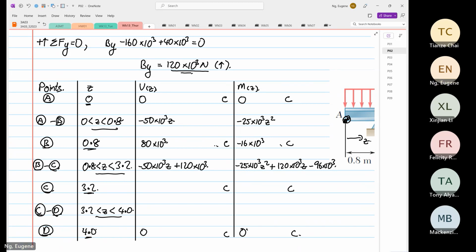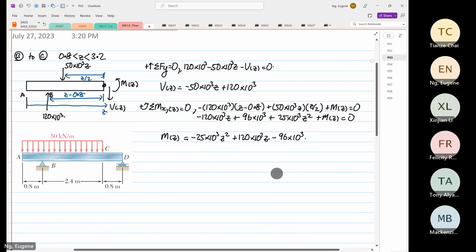Now I'm going to do point C, and I'm going to do a right to left analysis. Okay, we have to see what is going on at point C. So at point C, I'm going to do something different.